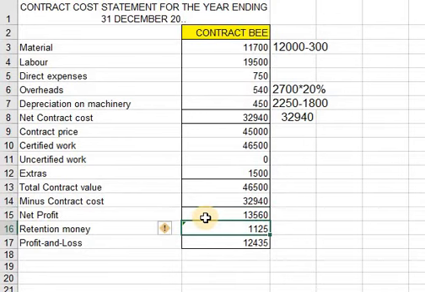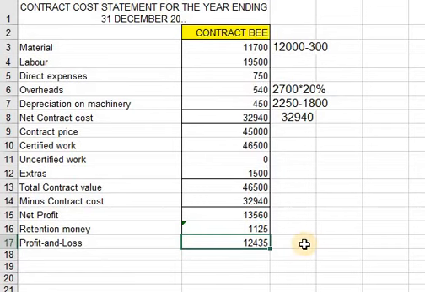Rushing through to the retention money, we know that retention will be the value minus 45,375, which is the cash received. The difference between that would be the money that we retain, and the rest will go to profit and loss. So you need to read your additional information and use your formulas as much as possible.